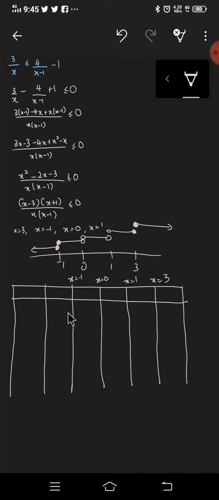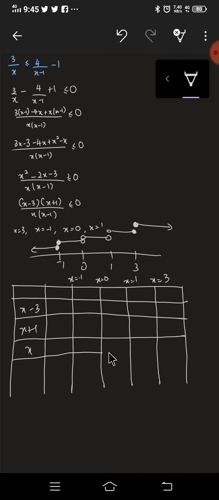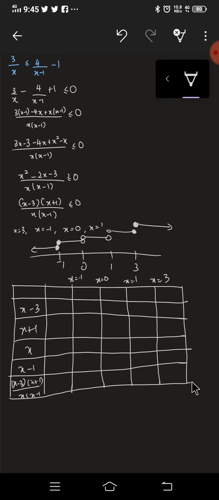So how many factors do we have? x minus 3, x plus 1, x, and x minus 1. The final row is the multiplication and division of these 4 factors.